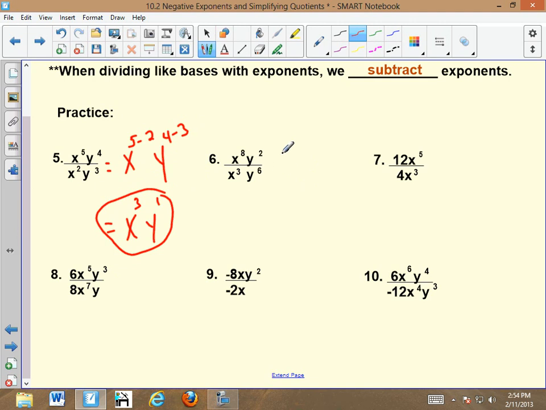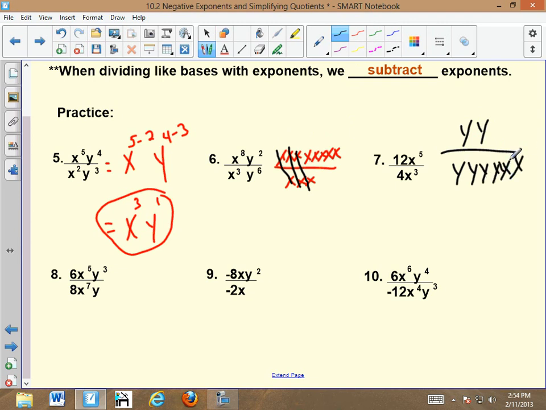If you need to go, okay, I have 1, 2, 3, 4, 5, 6, 7, 8, and I have 1, 2, 3, and these cancel, leaving me 1, 2, 3, 4, 5 x's on top, and then write out y's, 1, 2, 3, 4, 5, 6, and canceling them out.